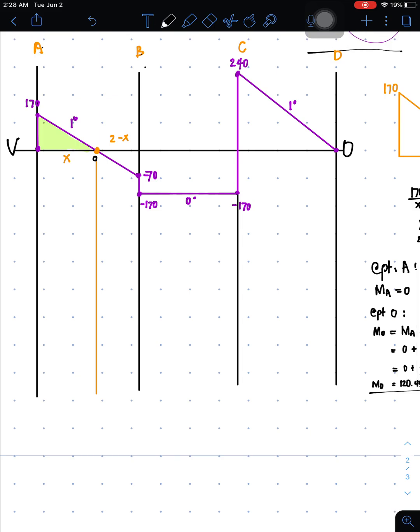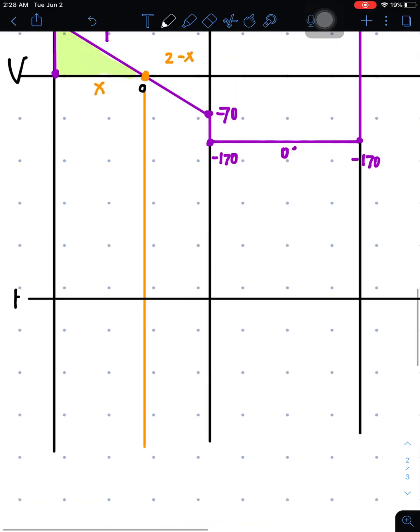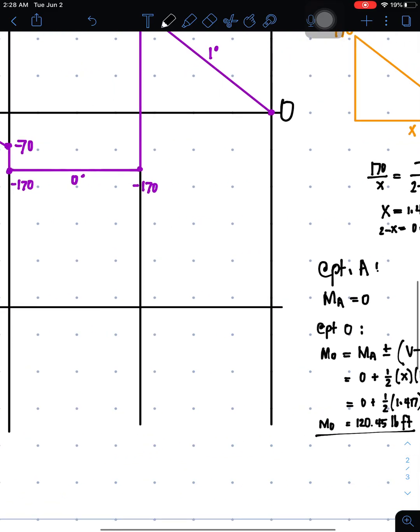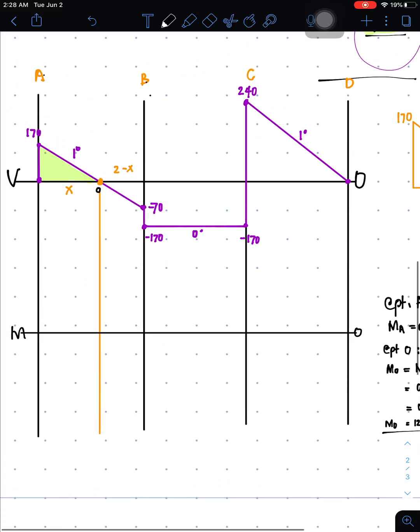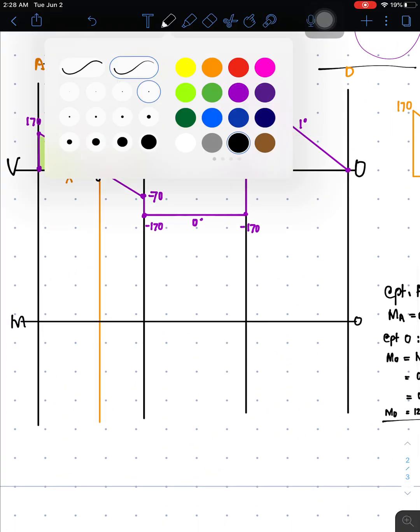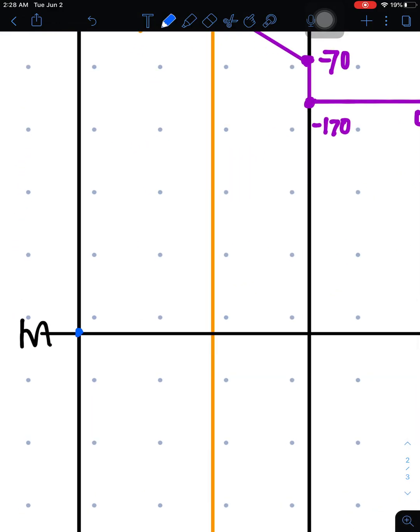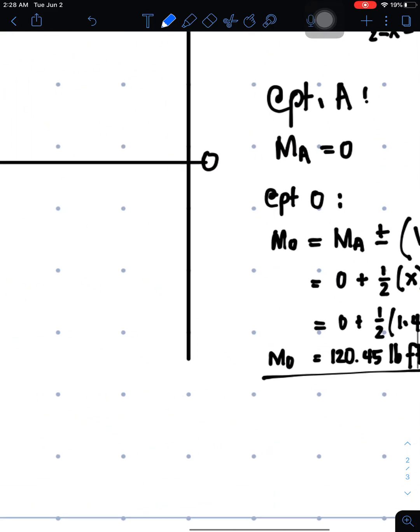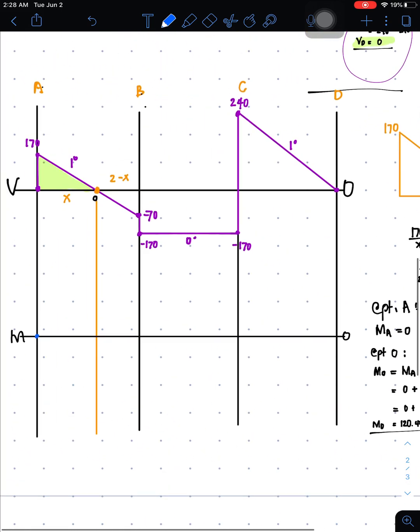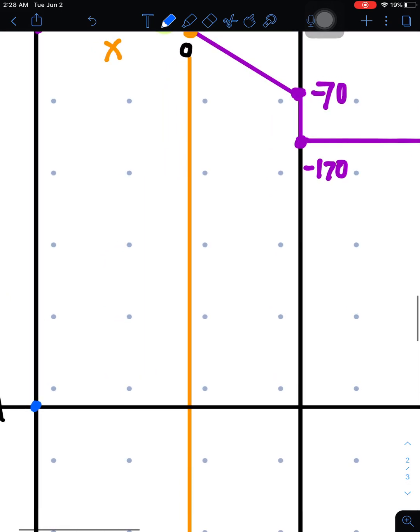So before that, let's put the 0 moment line. We forgot to draw it. So this is our 0 moment line. And also, so that we don't get lost on how to plot, let's put MA here as 0, then MO as 120.45, no?